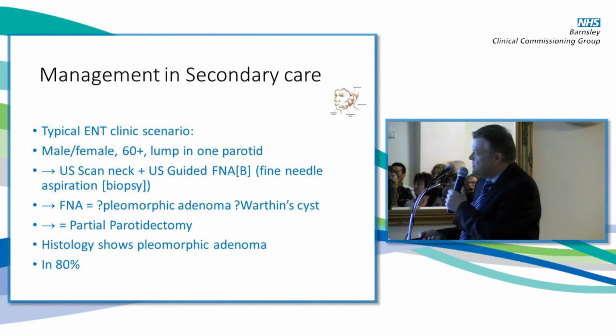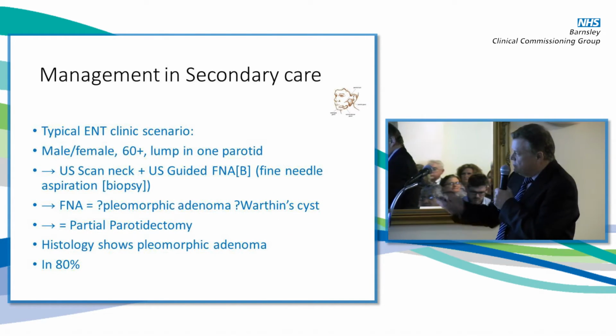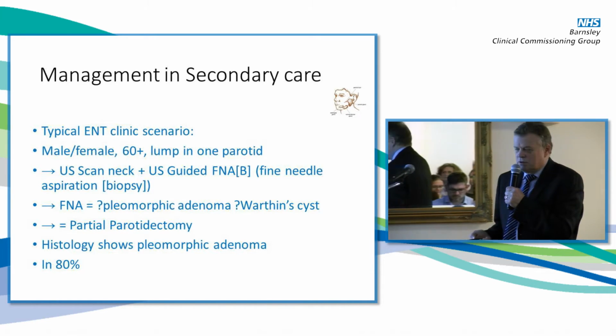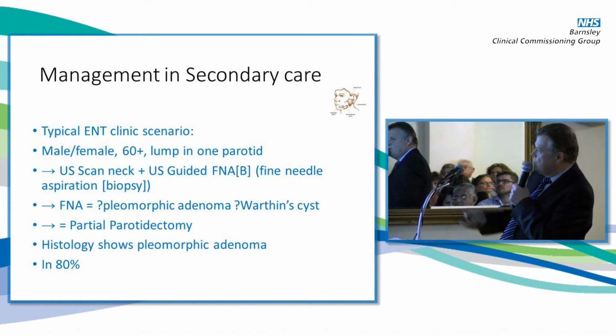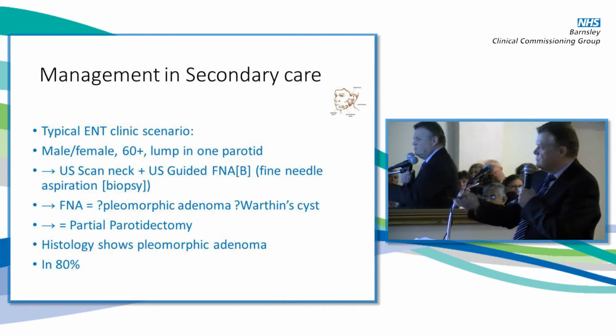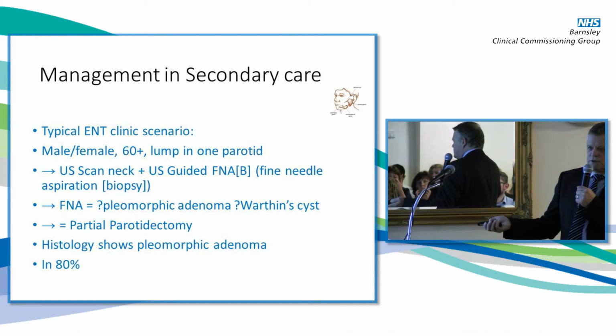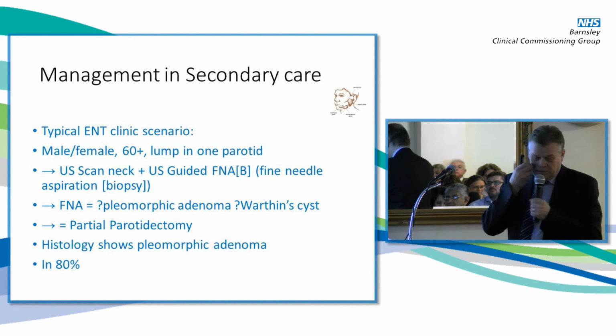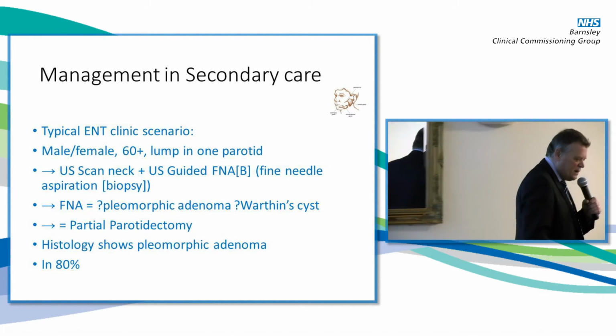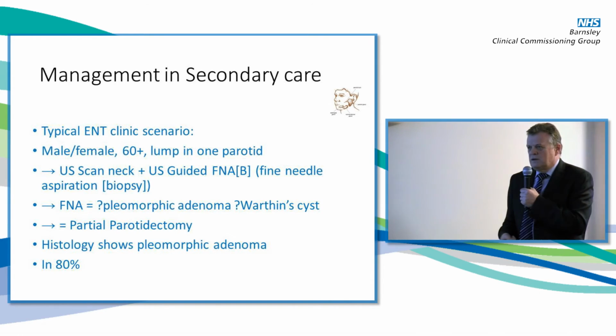So yeah, typical ENT clinic scenario: 60 plus, lump in one parotid, ultrasound scan, ultrasound guided fine needle aspiration, probable pleomorphic adenoma, query Wharton cyst. We do a partial parotidectomy. You may hear the term superficial parotidectomy.